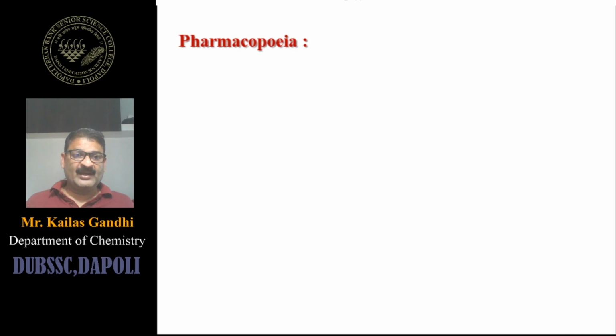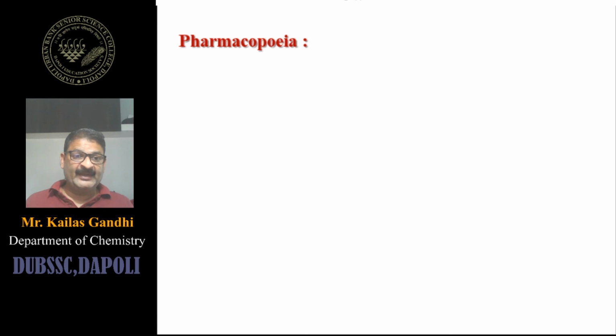Okay, then we are going towards the Pharmacopoeia. We are familiar with an encyclopedia. In an encyclopedia there is a term, and you get any type of information related to the term. So the Pharmacopoeia is a similar thing, but it is restricted only to the drug molecule.